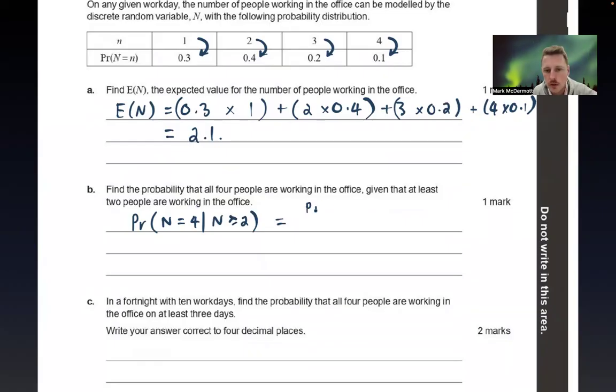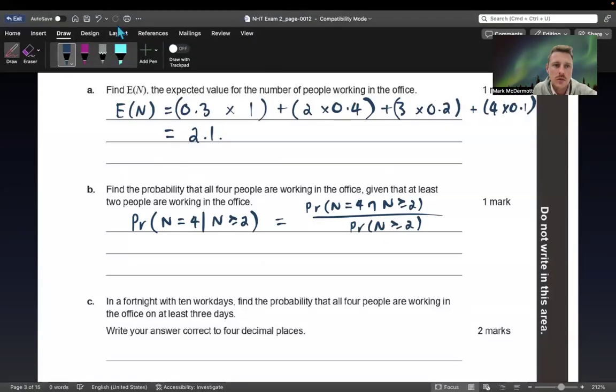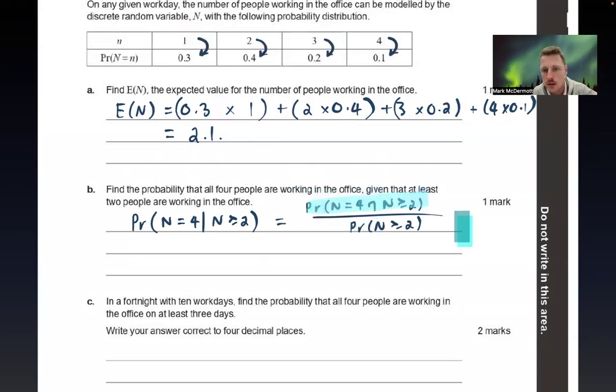Okay, so that's just applying our conditional probability rule: the probability of n equals 4 and n is greater than or equal to 2, divided by the probability that n is greater than or equal to 2. Then you have to ask yourself, what is the intersection of these two things, right? Well, they intersect only at n equals 4.